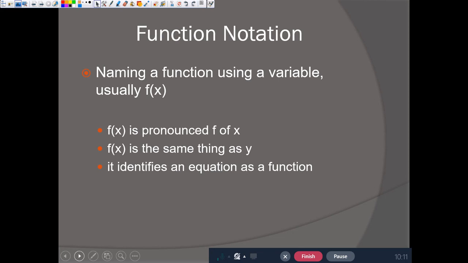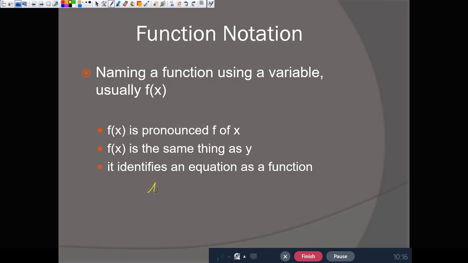Instead of using y now, because we're identifying that this is a function, we're going to be using f of x instead of y. Okay? It's to identify that something is a function. Sometimes they use like g of x or h of x, but it all means that it's a function.